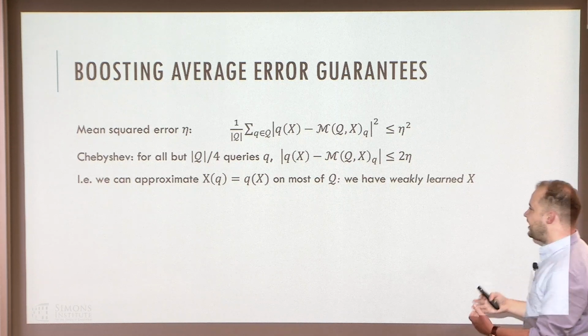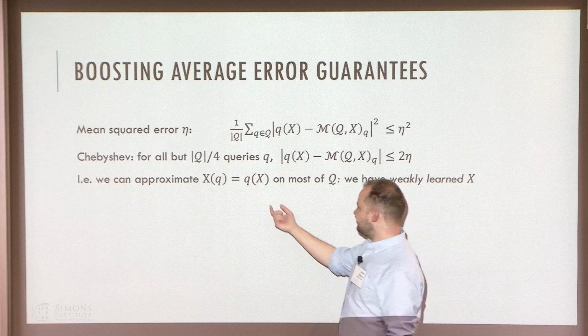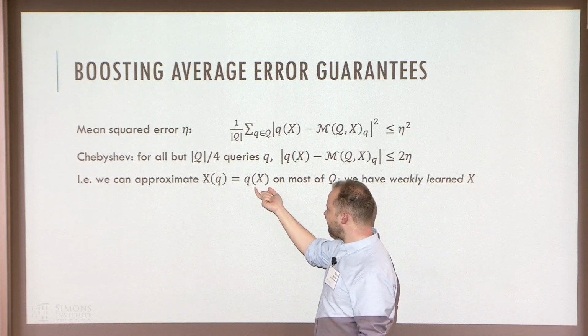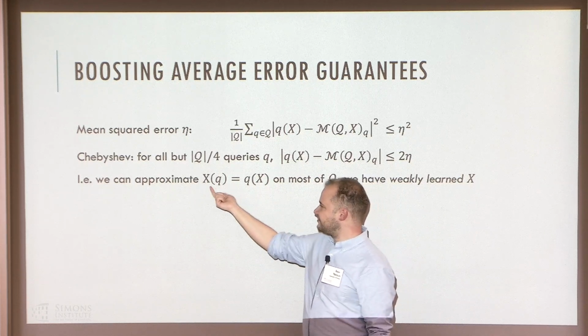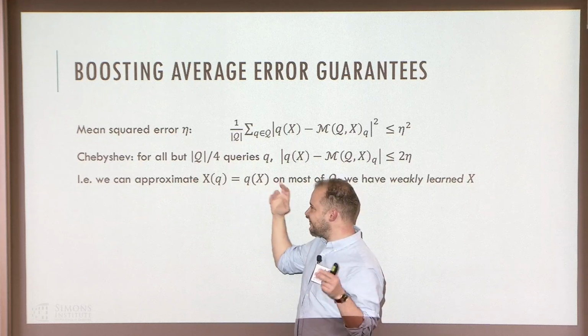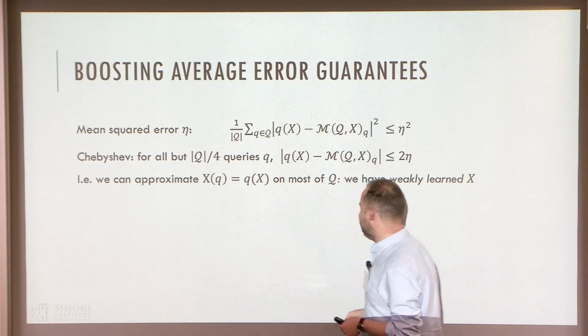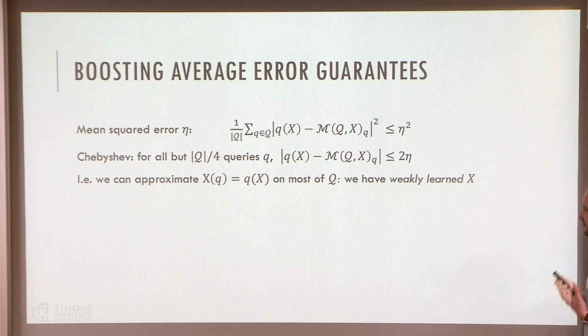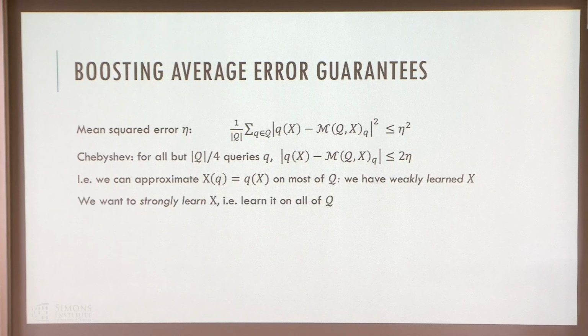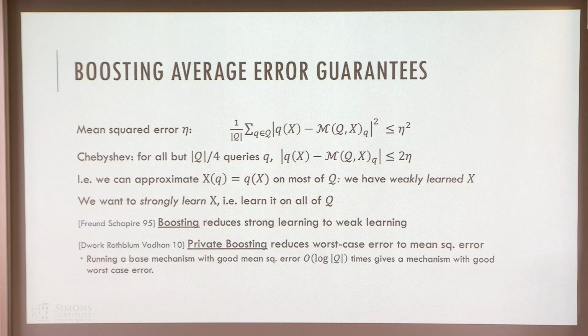In other words, I can approximate this function, the database function which maps queries to query answers, on most of the queries. So in some sense, I have weakly learned this function, and I want to strongly learn this function, that is, learn it on all of the queries.